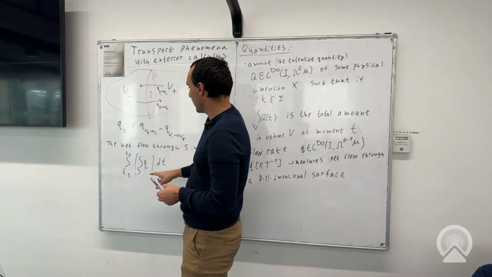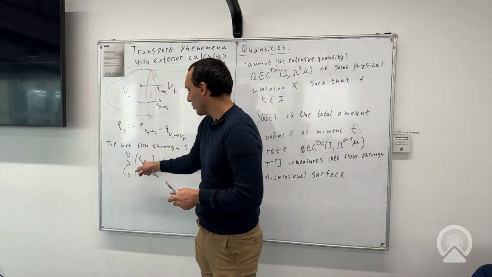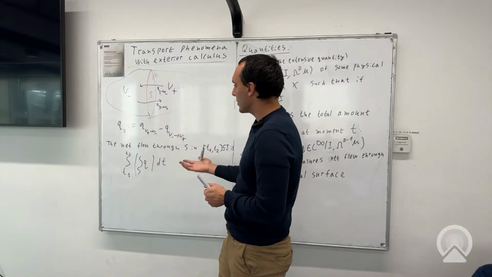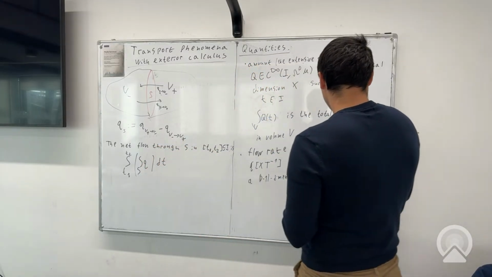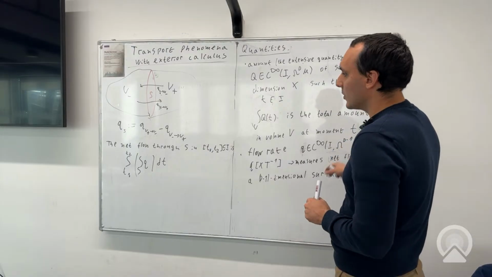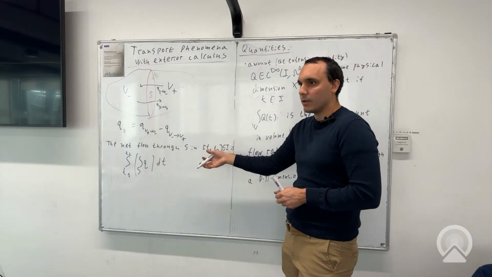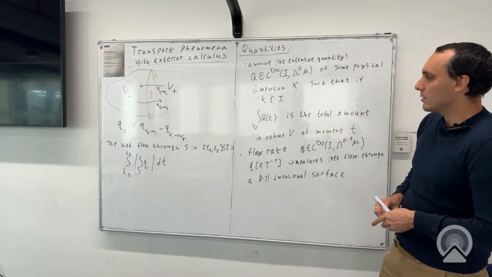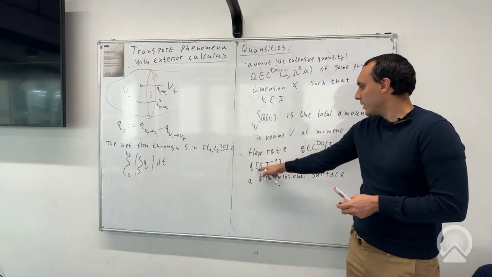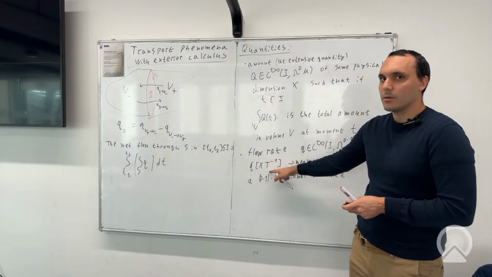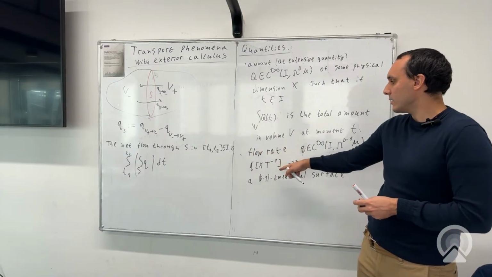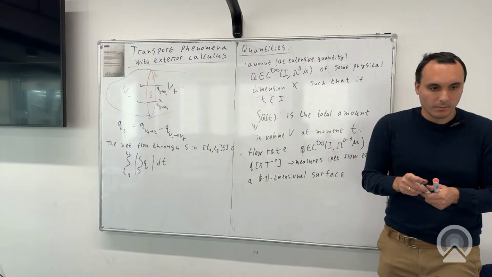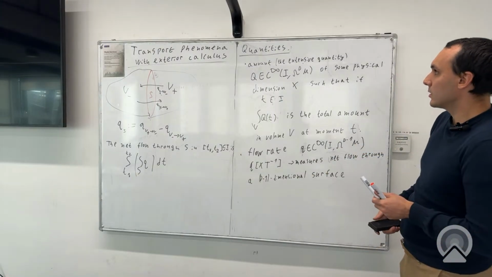We have to put dt because it's a function with respect to time, but with respect to space, it's already a d minus 1 form. So it already has dx and dy included in it. Again, in classical vector calculus, this would be divided by area because it would be a density, but here it is not divided. This is just how much energy passes per unit time, for example. Okay.